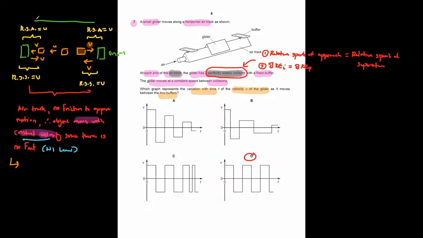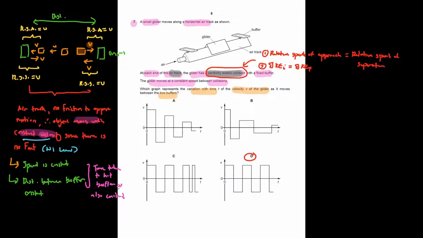So if I tell you your speed is constant, and the distance between the buffers is constant, this will automatically tell you the time taken to hit the buffer is also constant.